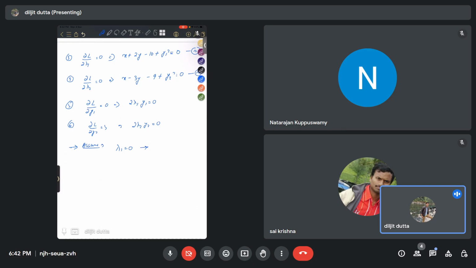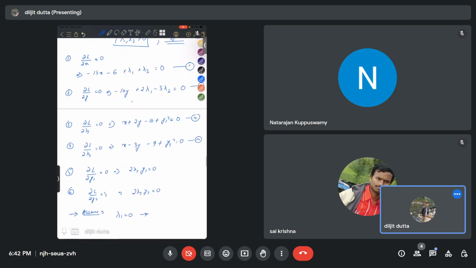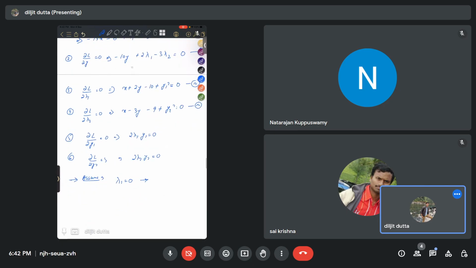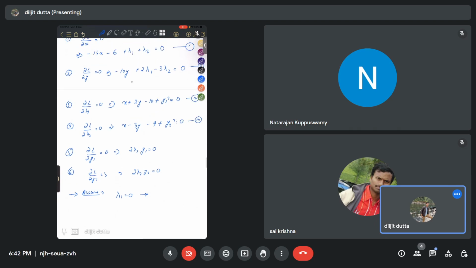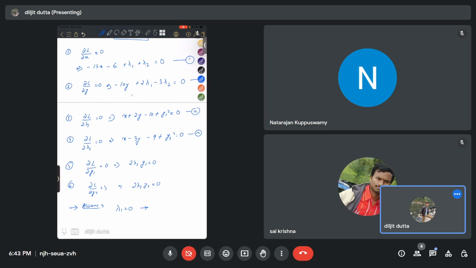So if lambda 1 is equal to 0, in that case, what will we obtain? Let us see from the first term.